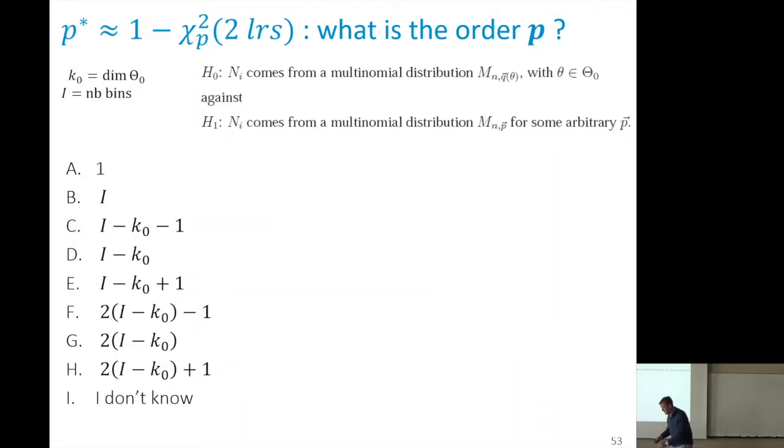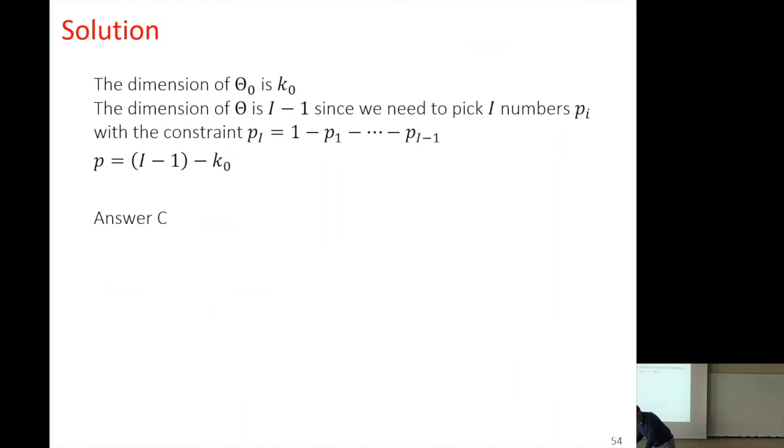Well, let's look at the solution. It's very simple once we do it by steps. What is the dimension of the parameter set when we're under H0? It's whatever the dimension of theta 0 is. If we're testing for Gaussian, it's 2 parameters. If we're testing for exponential, it's 1 parameter. So it's k0, the dimension of theta 0.